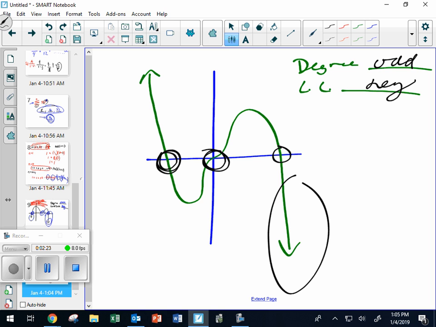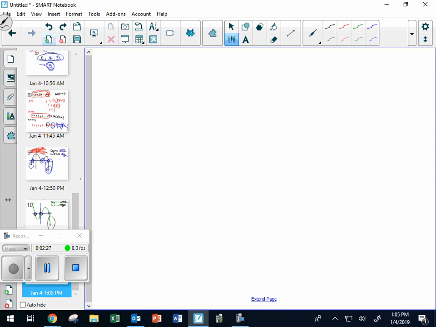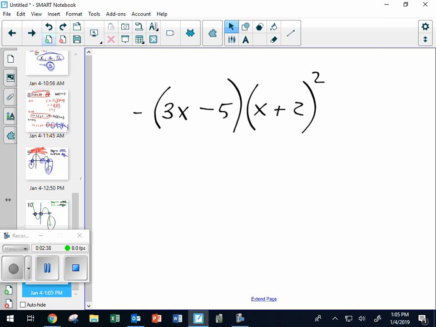There's so much to know for this test. Let's go through a few others that tend to stump people. What's the lead coefficient and degree for this one? You might be like, wait a minute, that's totally different. Yeah.